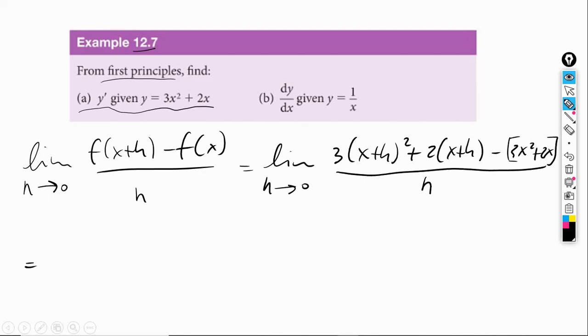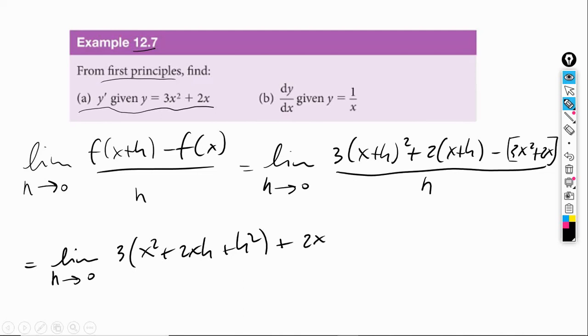And then we could say that the limit of the function as h approaches 0 is going to be 3 times (x squared plus 2xh plus h squared) plus 2x plus 2h minus 3x squared minus 2x.